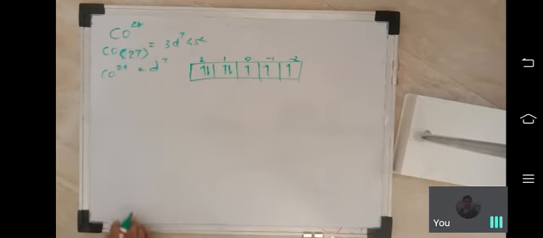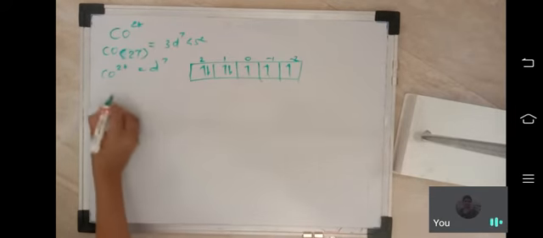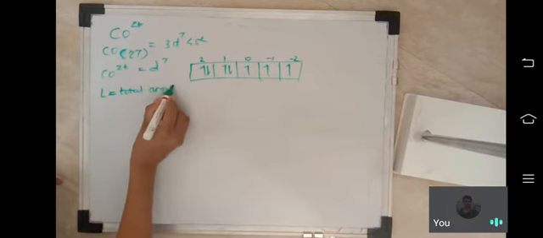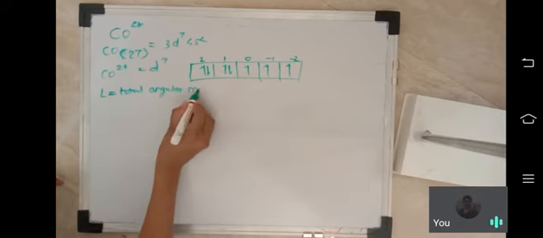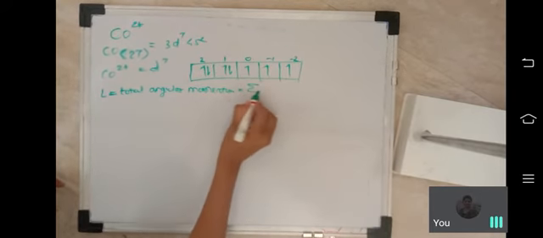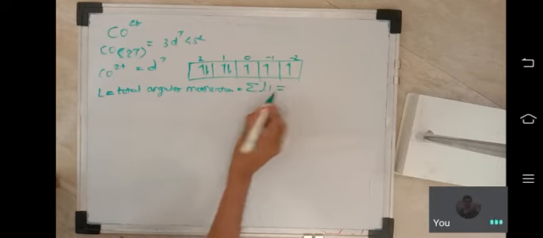Now we find out the values of L and S. L means total angular momentum, and you write here the summation of Li. What is the summation of Li?